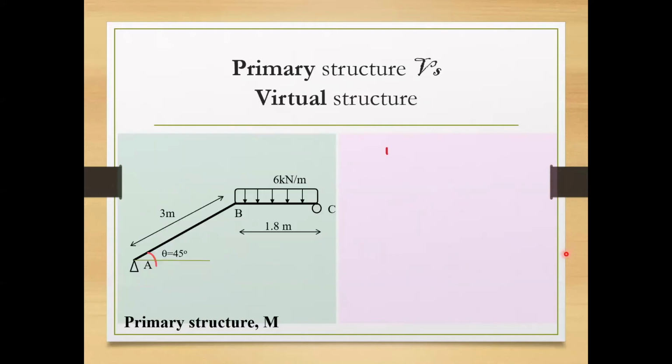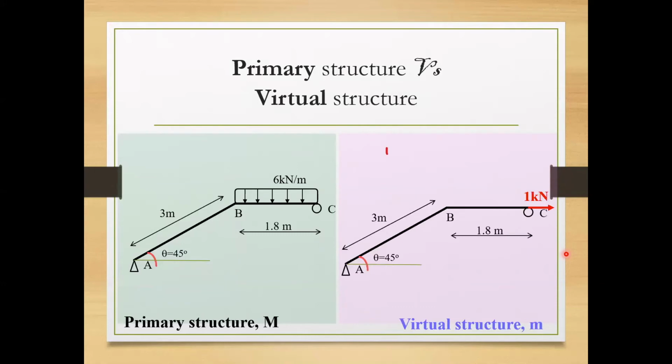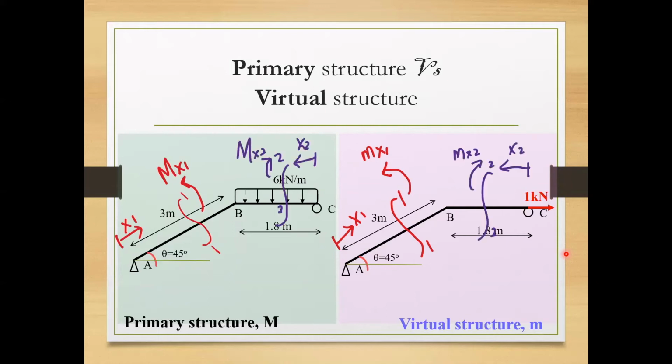Later, we can write bending equations from the cut section analysis. In this case, one bending equation can be established each for member AB and BC. In virtual work method, we need to make sure that the established bending equations apply to same range of the section for both primary and virtual structures.